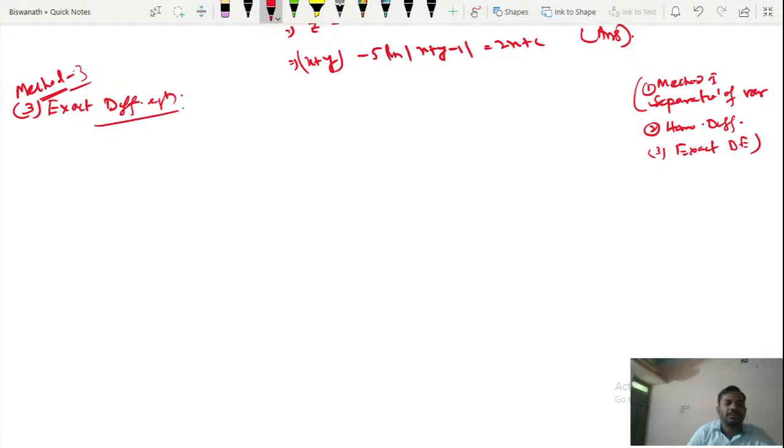So what do we mean by exact differential equation? First, come to the definition.